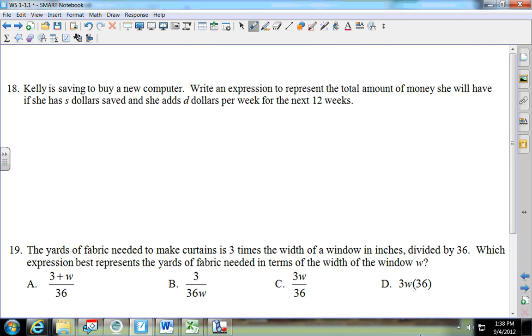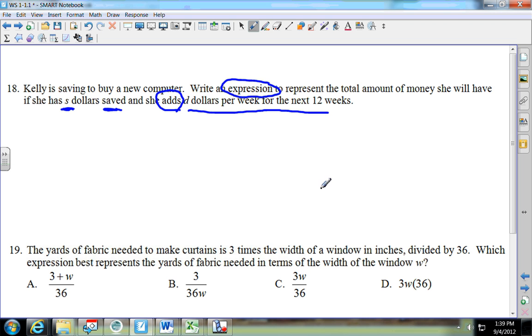Number 18 and 19. I said that a little bit ago to pause and do this, but I kind of went back to the other ones. If you haven't done it, pause it and try to answer this. If you have, you can just go through this. It says Kelly is saving to buy a new computer. Write an expression to represent the total amount of money she will have if she has S dollars saved and adds D dollars per week for the next 12 weeks.